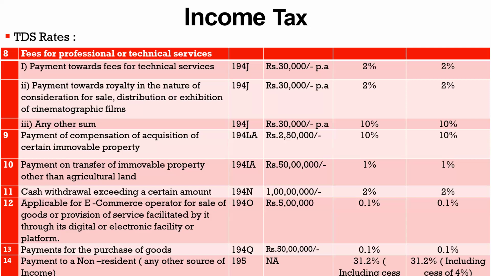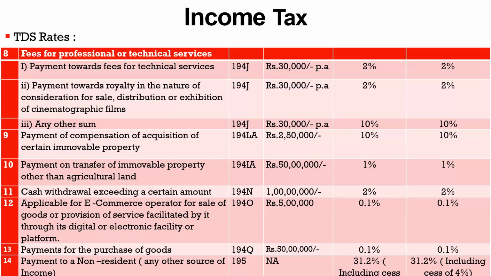And the next one is very important. Many of us are missing this 194Q: payments for purchase of goods from a single party under a single PAN. If we purchase goods for more than 50 lakh during the year, there is a TDS provision of 0.1%. This mostly comes in case of electricity payments.